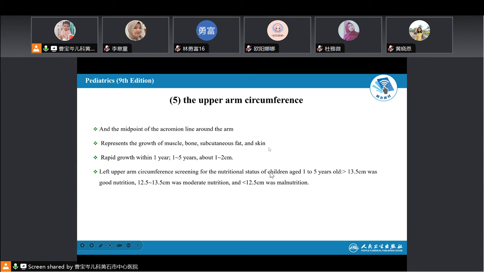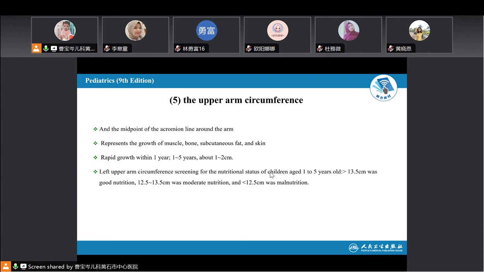The upper arm circumference is measured around the arm at the middle point of the acromion line. It represents the growth of muscle, bone, subcutaneous fat, and skin.